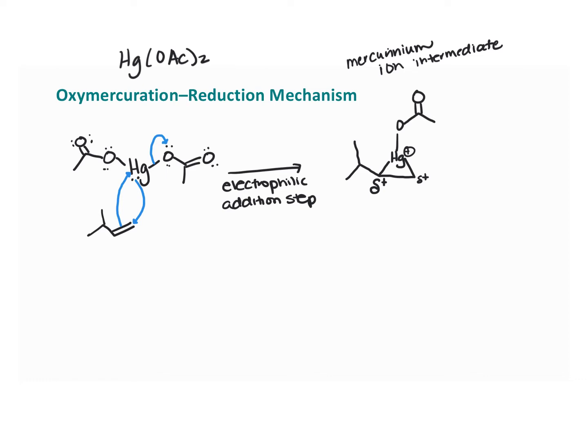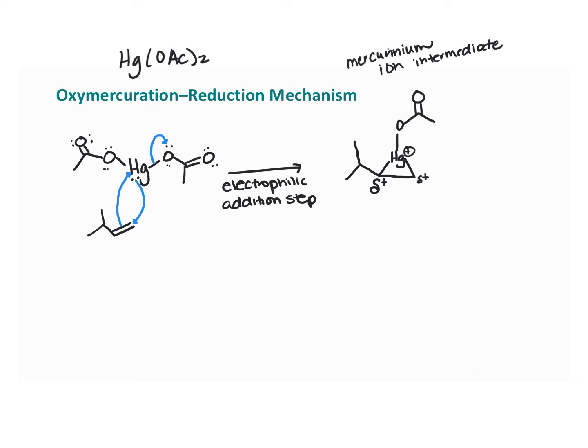And so the carbon that can better handle the positive charge picks up a greater share of the positive charge from the heteroatom. So the secondary carbon of the ring can better handle that positive charge than the primary carbon can. Okay. And that has to do with those R groups.